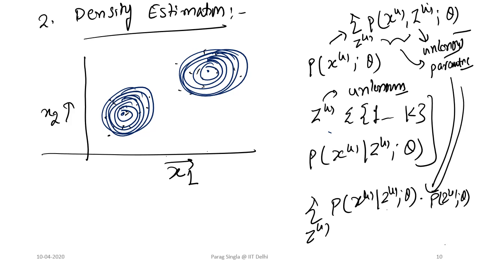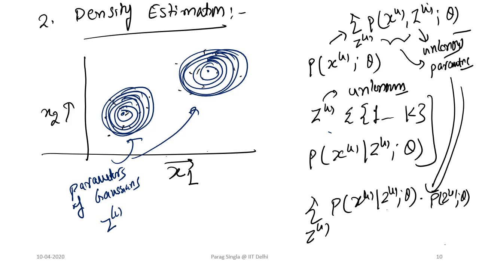So not only do we have to estimate the parameters of these Gaussians, we also have to estimate the class labels, or the assignment of each of the points to one of the clusters, or one of these Gaussians, which we refer to as zi's. Think of the zi's as replacing yi's in the supervised setting.